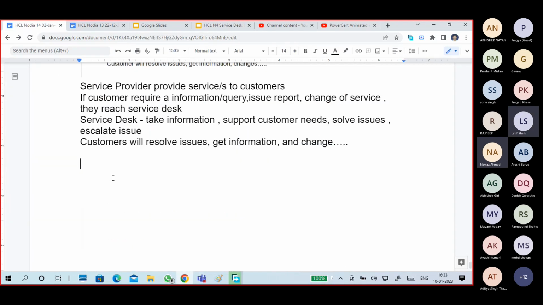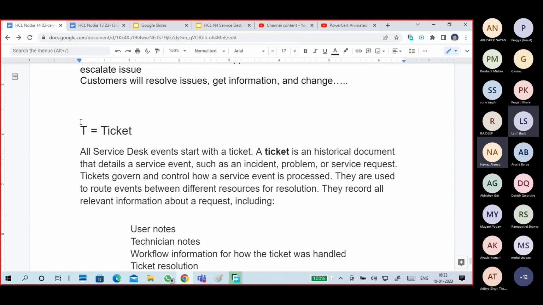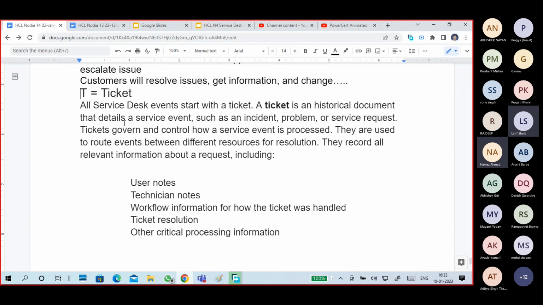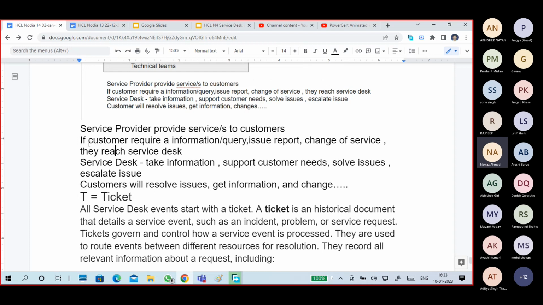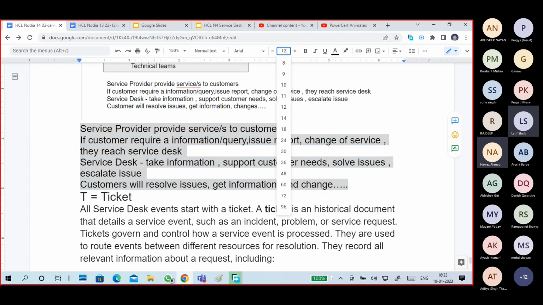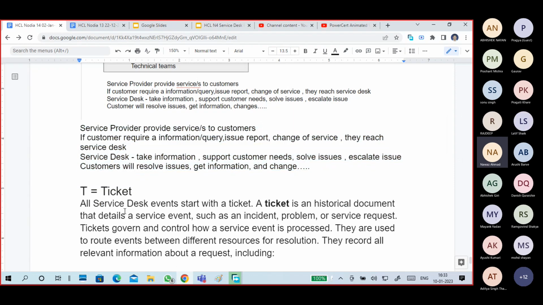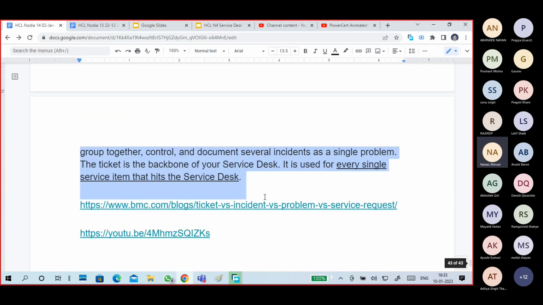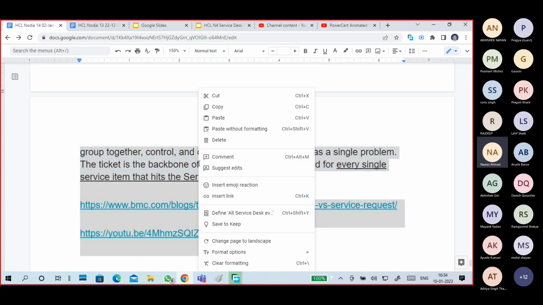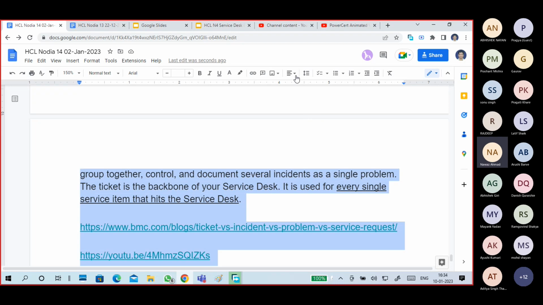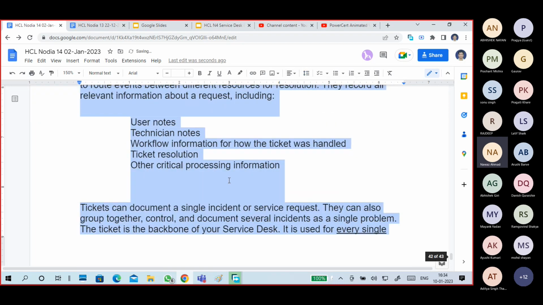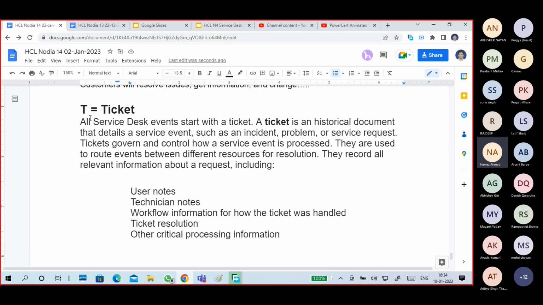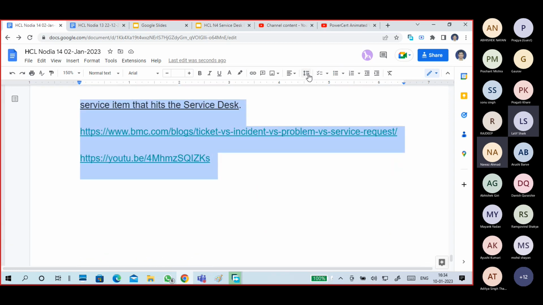Is this a ticket? Well, let's see. Okay, this ticket is always having a... one second, guys, don't worry.